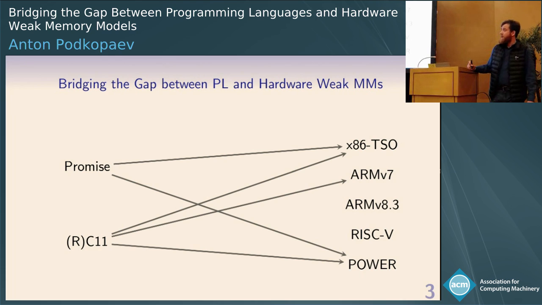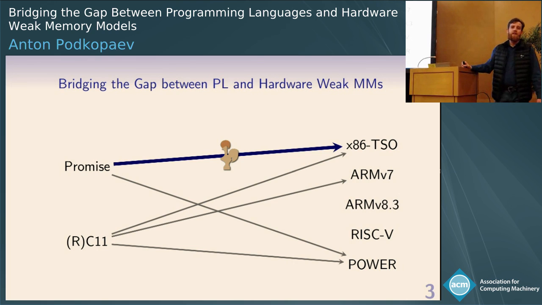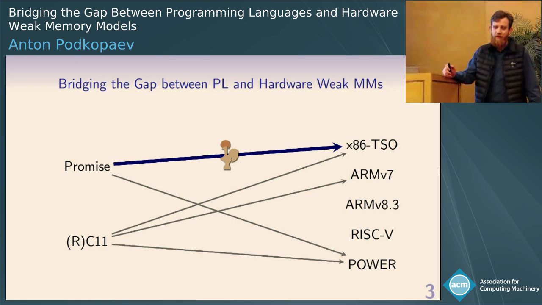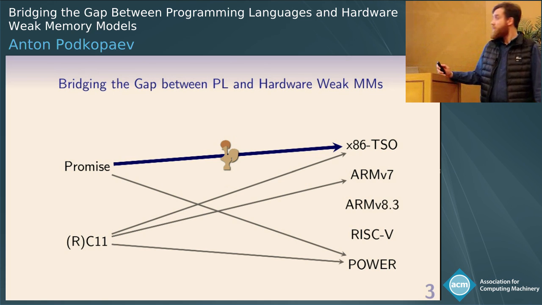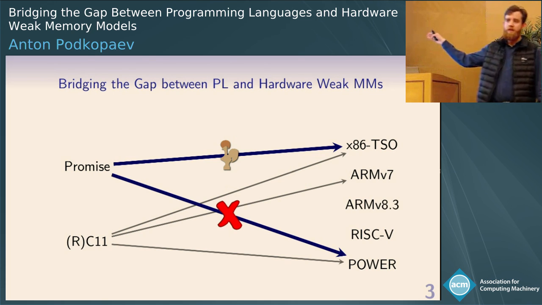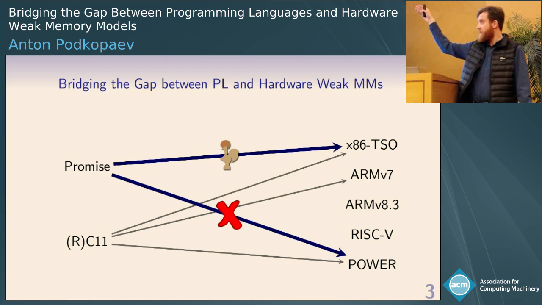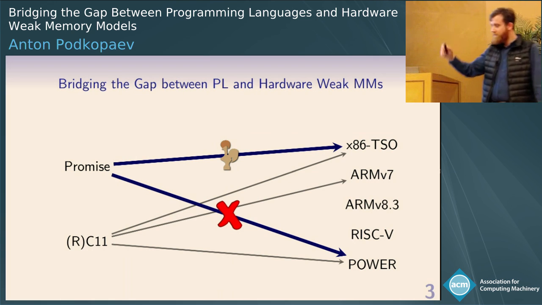There are many compilation correctness arguments in the literature between these memory models. Some of them are verified in Coq, some of them are just pen and paper proofs, and as pen and paper proofs, they are error prone. Actually, we found a mistake in an argument of correctness of compilation from promising semantics to Power.